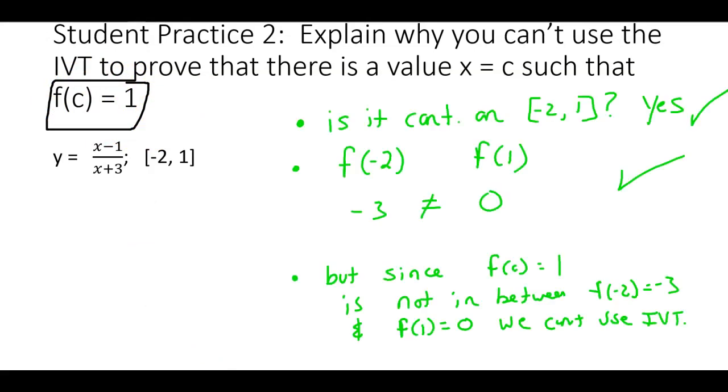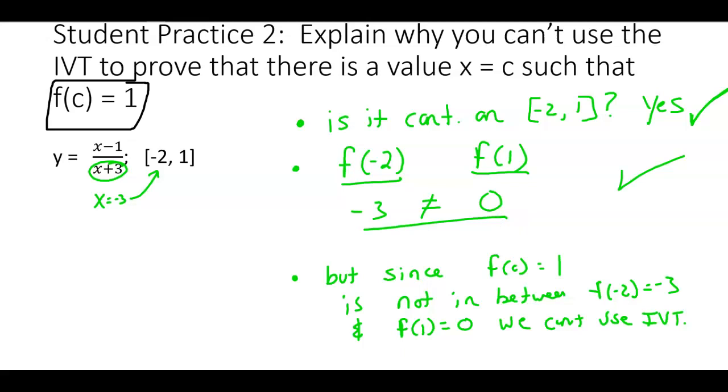So here we go. Is it continuous on the interval? And the answer is yes. This function does have a discontinuity at x equals -3, but x equals -3 is not on our interval. So we don't care about that discontinuity, and so we say yes, we're good to go there. Next one. We got to make sure that f of -2 and f of 1 are different, and they are.